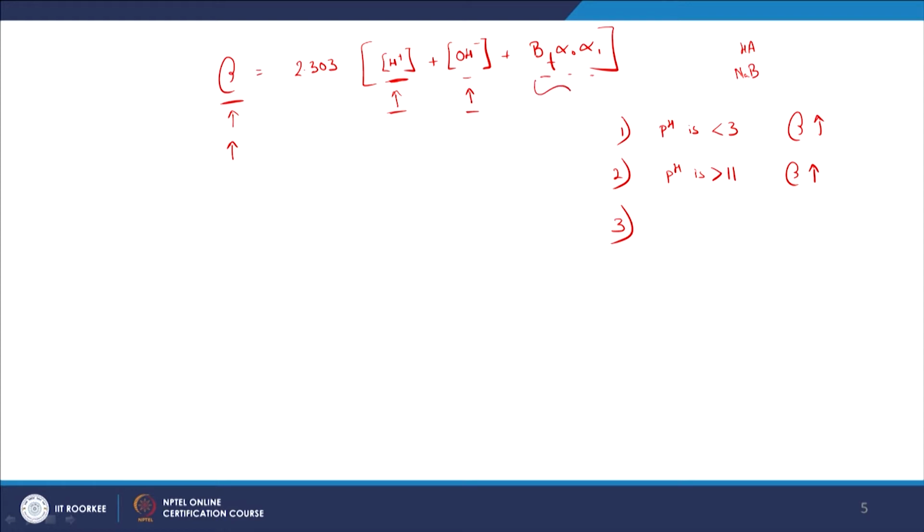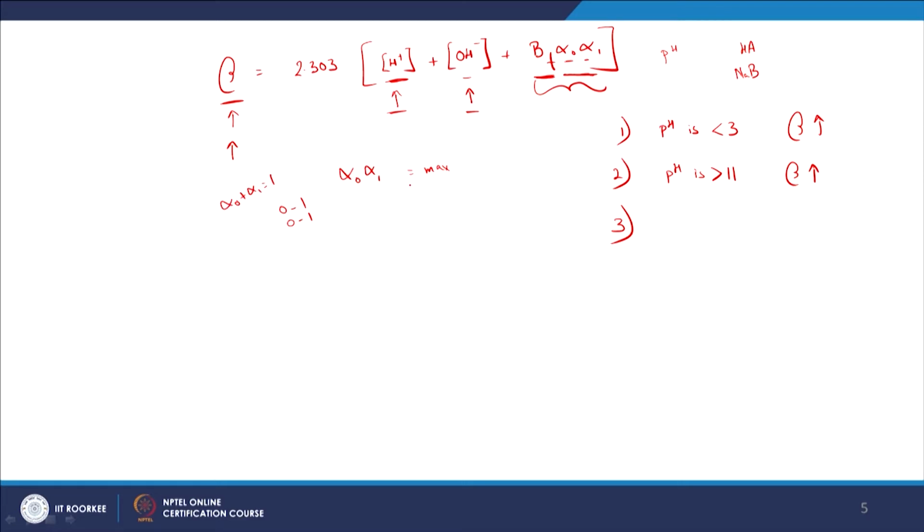And this is the critical aspect where the role of your particular acid or base that you plug in is going to come into play. Let us say for a particular system you control B total and that is going to stay the same, but alpha naught and alpha 1 will change with pH. So, we need to look at in which case the product of alpha naught and alpha 1 will be the maximum. We know that alpha naught can go from 0 to 1 and alpha 1 can go from 0 to 1, and also we know that alpha naught plus alpha 1 is equal to 1.